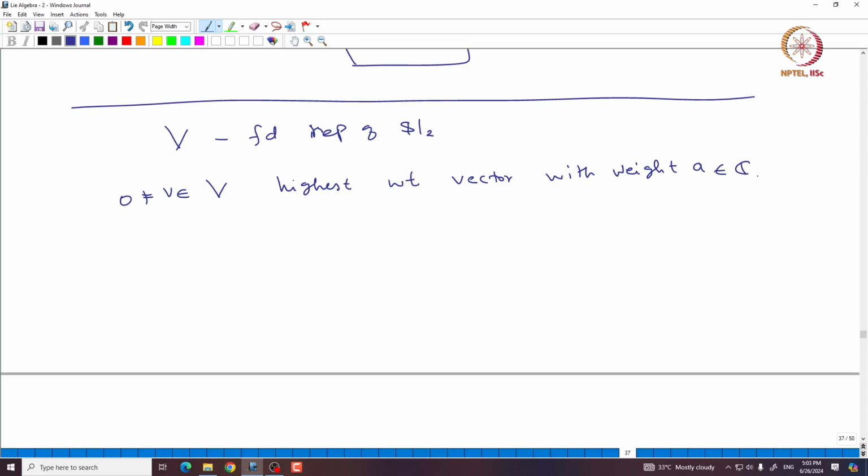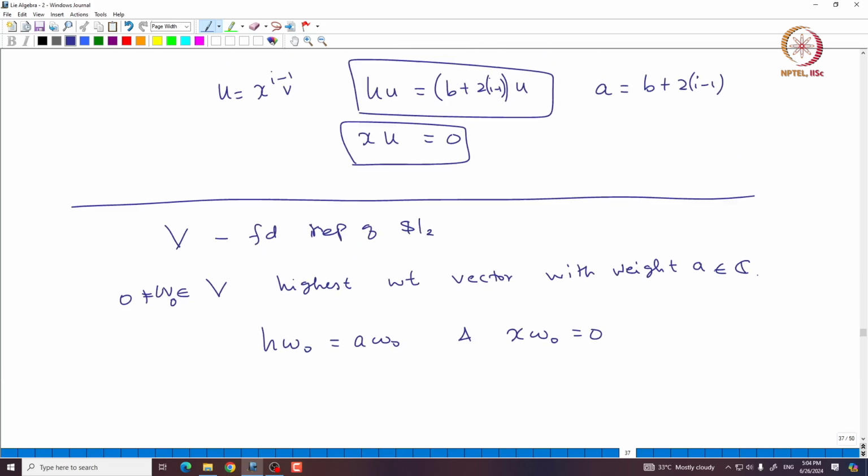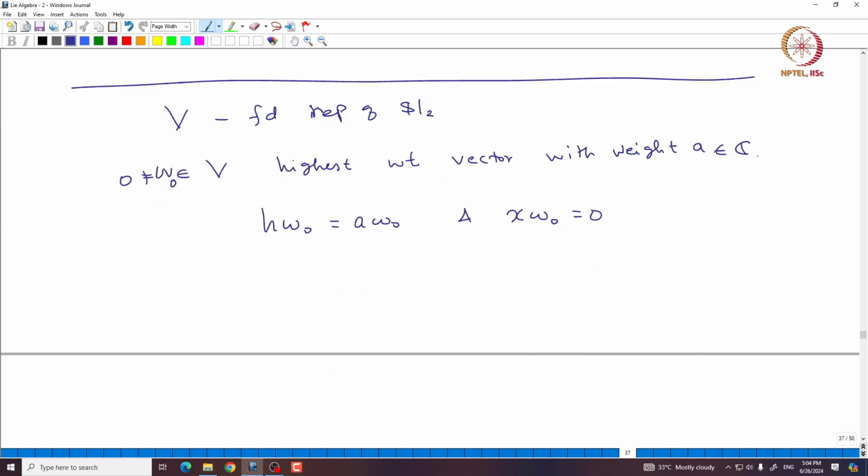Using this weight, let us see what one can do. Let us relabel, and call this w_0. So, w_0 is the highest weight vector with weight a. Now we know that Hw_0 is equal to aw_0 and Xw_0 is equal to 0, as before, coming from our earlier lecture.